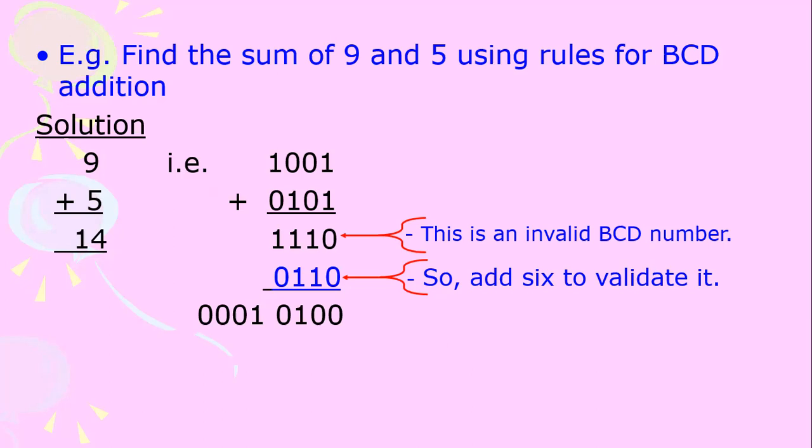But because we are talking about binary coded decimal, which is supposed to be in groups of 4 bits each, we add 3 zeros on the most significant side to the 1. So we have 0, 0, 0, 1, 0, 1, 0, 0.